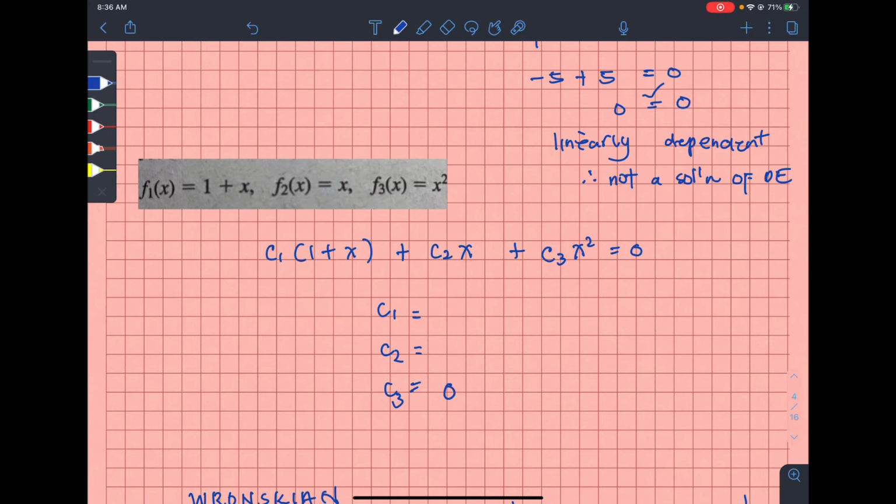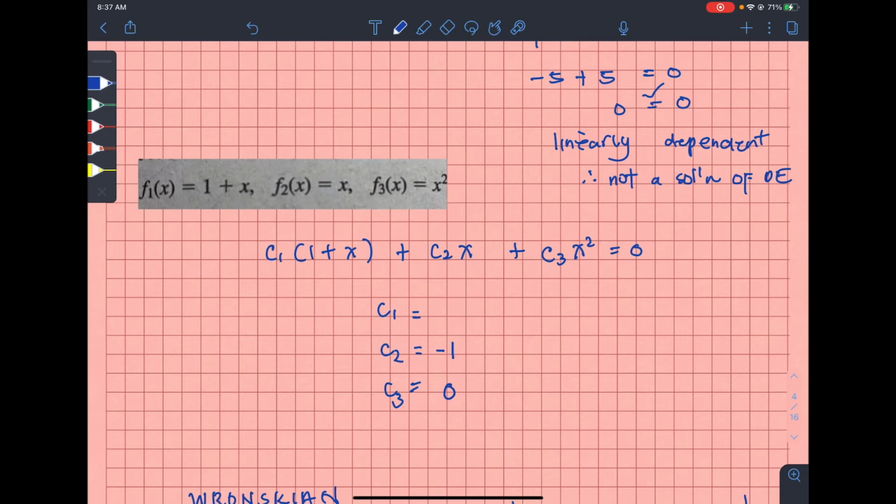Okay, so c sub 3 multiplied with x squared, so 0, that would make it 0. However, for c sub 2, we have x, okay, so this is x, the other one is positive x as well. So probably I could make c1 equal to negative 1, or c2 equal to negative 1.